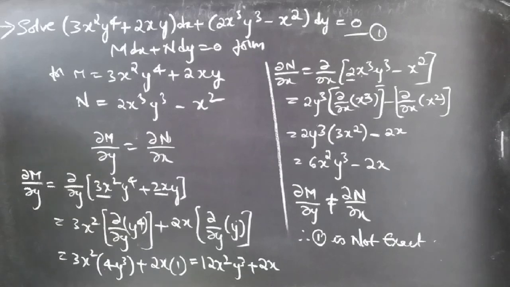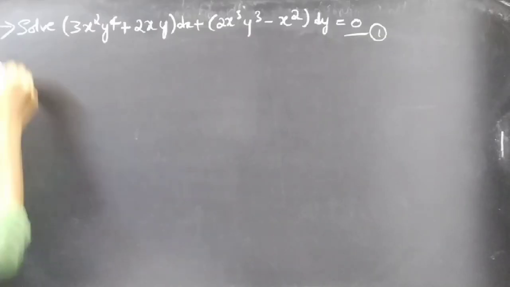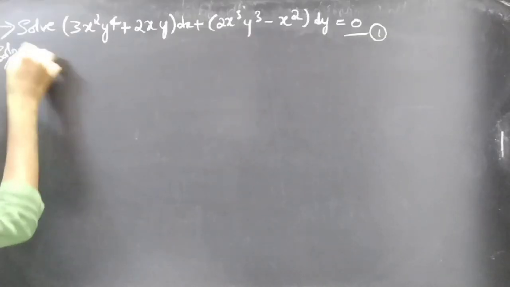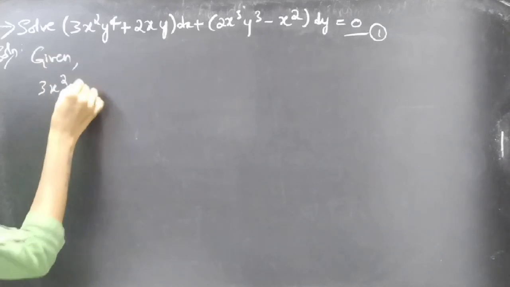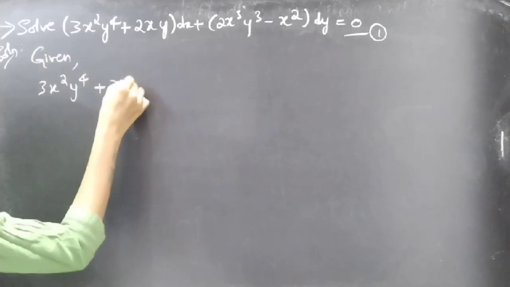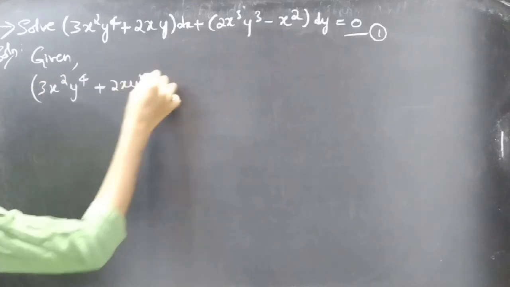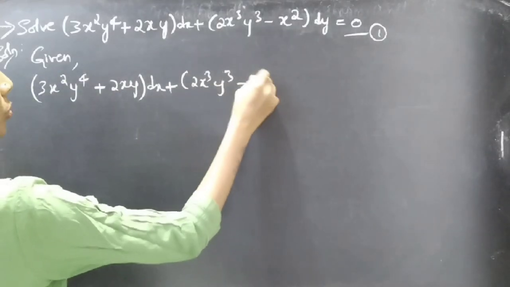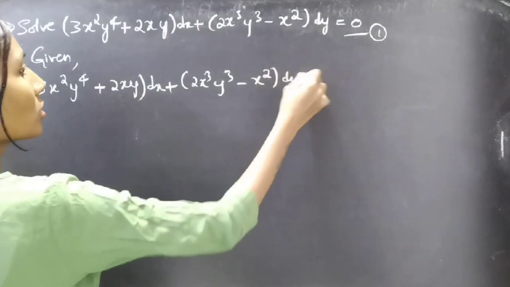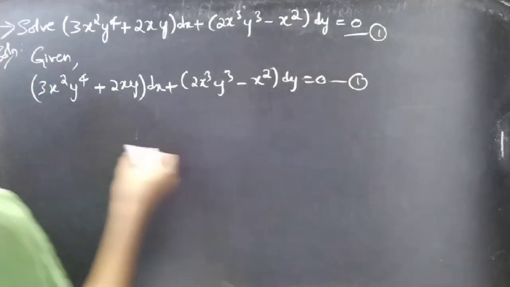So let's say that the given differential equation (3x²y⁴ + 2xy) dx + (2x³y³ − x²) dy = 0 is considered as equation 1.